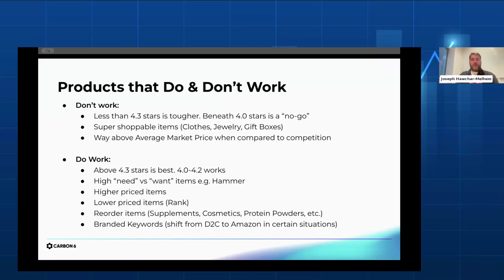So things that you have to think about, there's a color variation. Those aren't typically the best for advertising externally, but what does work is really good products, something that has a high need. If someone's looking for a hammer with a very specific competitive advantage and you're advertising for it, they will purchase from that advertisement.